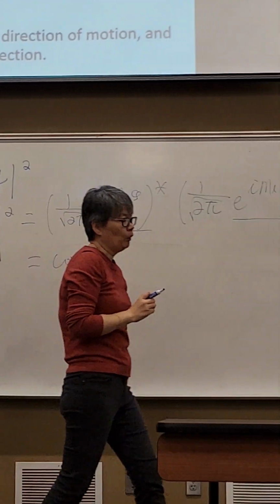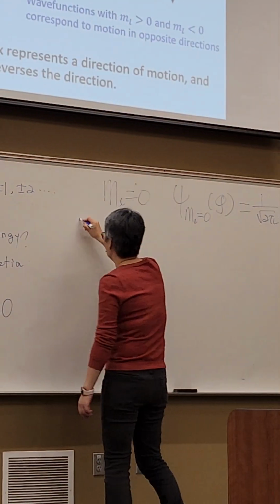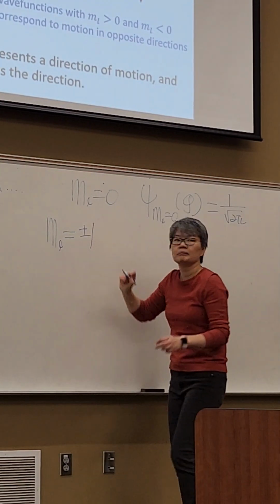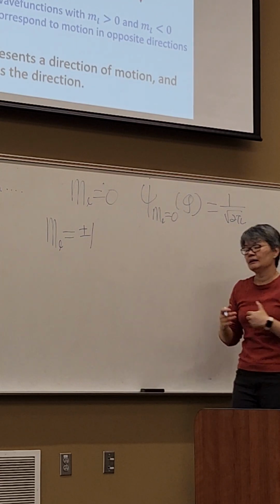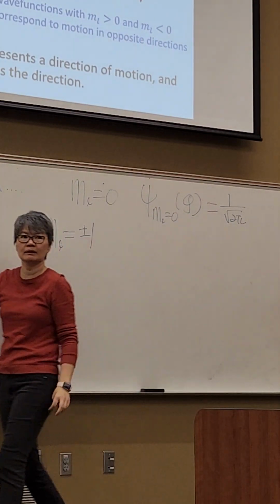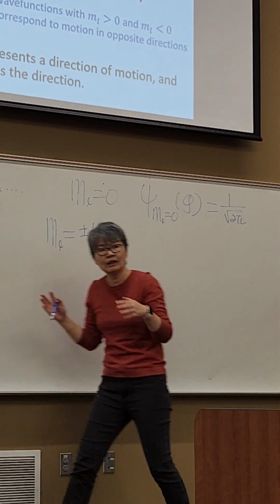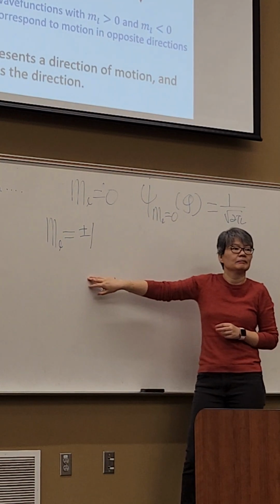Now, what would it be for the first excited state? Let's say when m sub L equals plus or minus 1. That's your next higher level for the energy. Do you guys agree? The next higher energy value is when m sub L takes plus or minus 1.